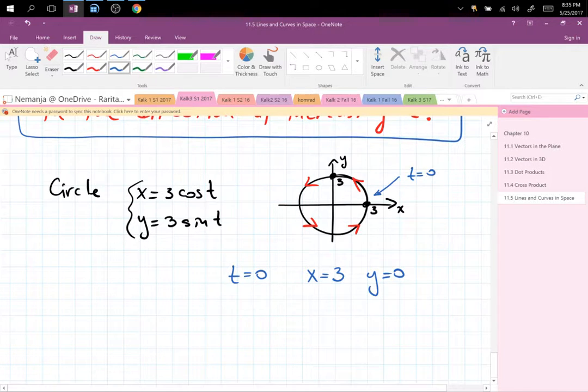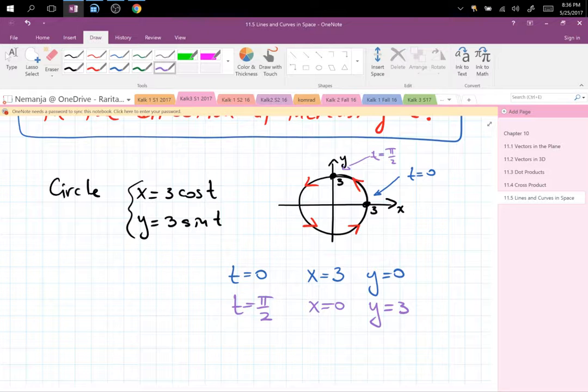Now we're going to compute t equals pi over 2. T equals pi over 2 is x equals 0, y equals 3. Now that's the pi over 2. You clearly see that the motion for the line starts on the x-axis at 3, and then the next one is here, and if you compute, the next one will be there. So you see how the motion is counterclockwise.